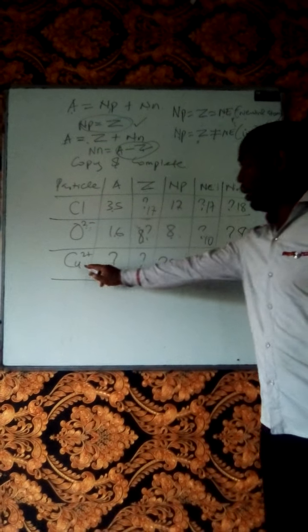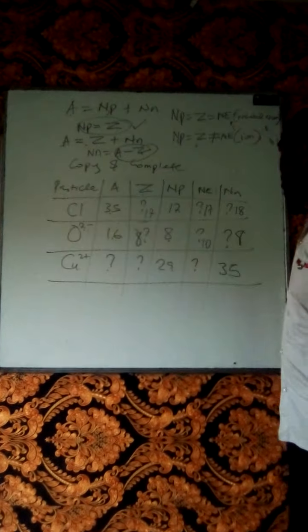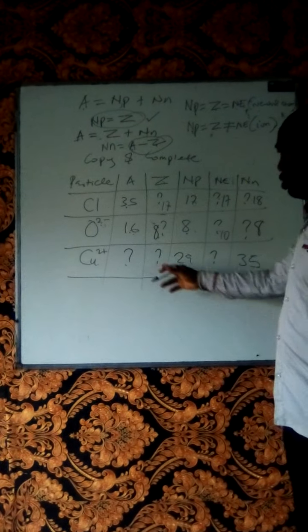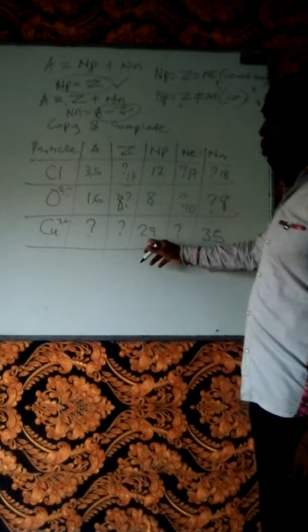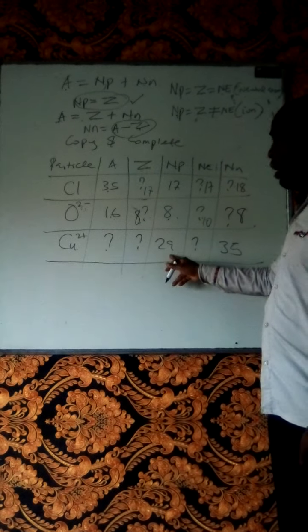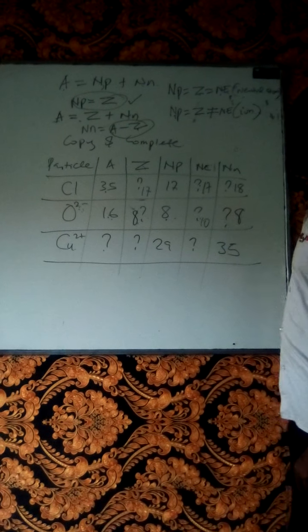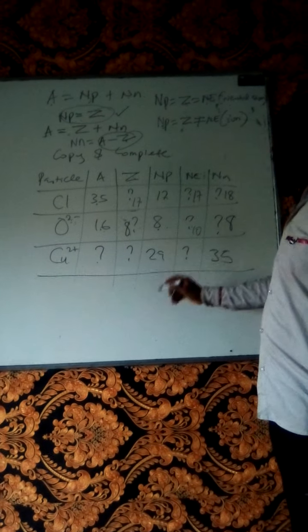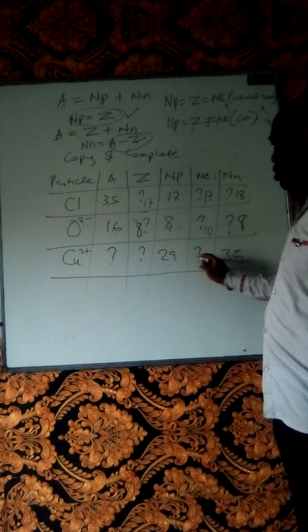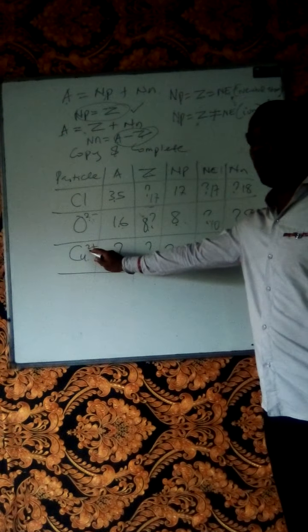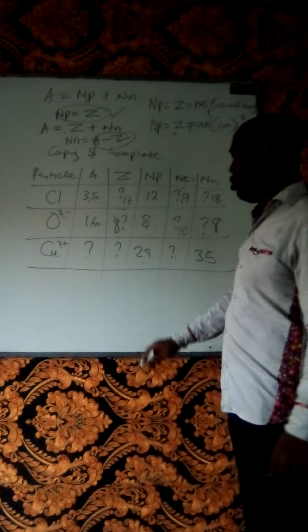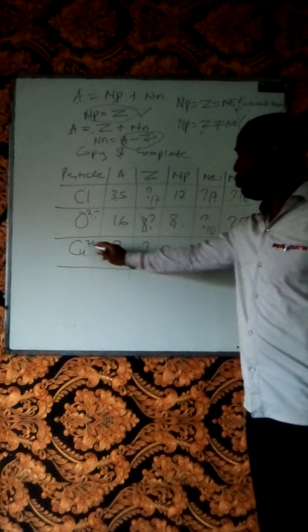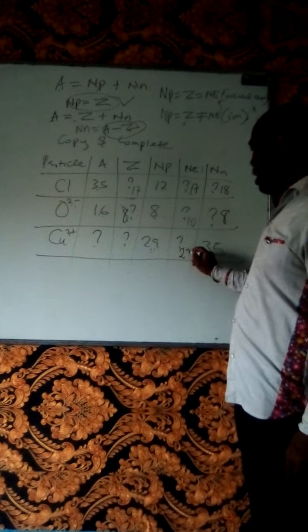Going to copper, the atomic number is unknown, A is unknown. The number of protons is 29. Since proton is 29 and this atom has a charge, the electron cannot be 29. Positive charge means electron is deficient. So we subtract 2 from 29 protons, that gives you 27 electrons in this case.